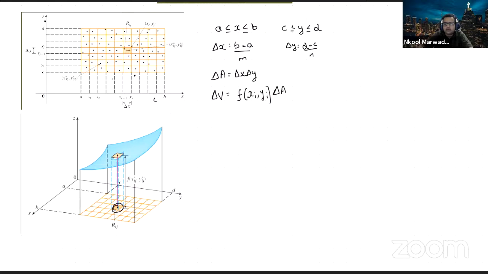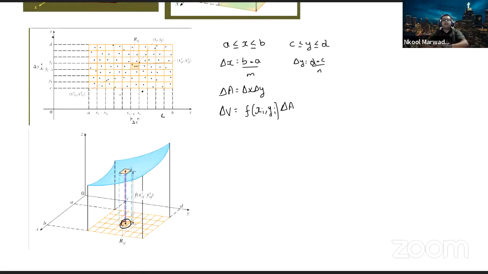Now, one very interesting thing is that we have to do the summation as mentioned by you. To get the total volume, I have to add all the individual volumes, because this delta V is the volume of one 3D rectangle, and we have so many. So first I have to fix one delta y, and for this delta y I have to iterate n times for delta x, delta x, delta x, delta x.